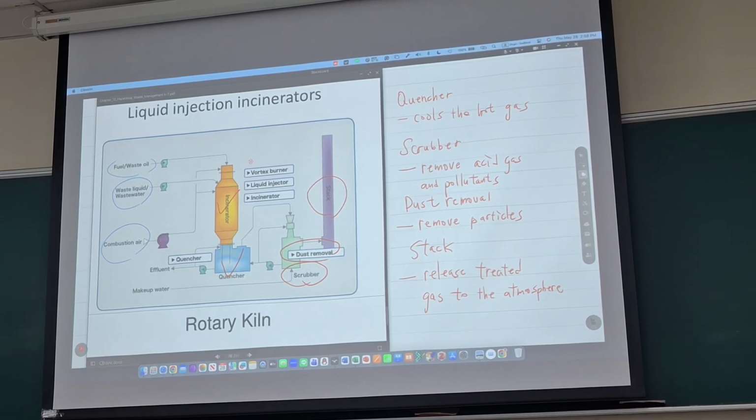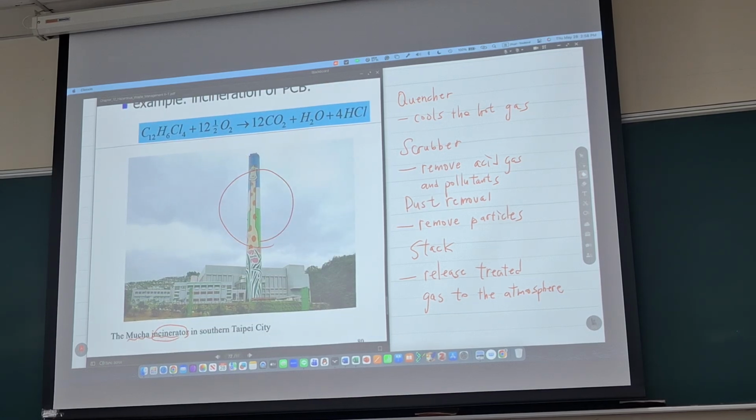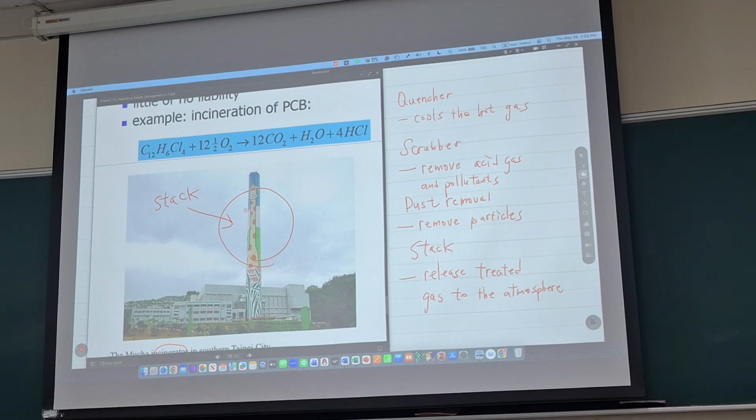Okay? So now you know this guy is a stack. This is a stack for the incinerators.